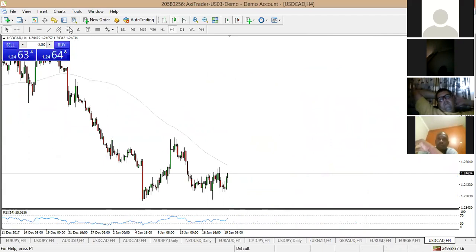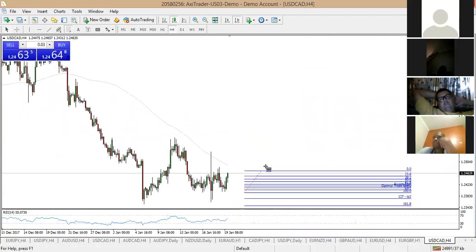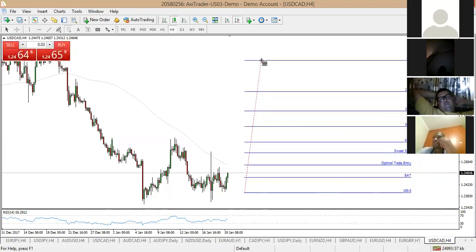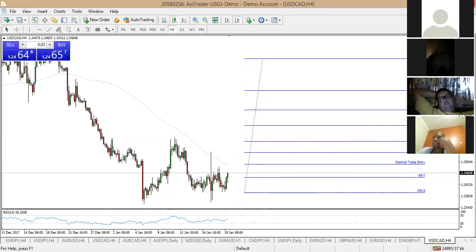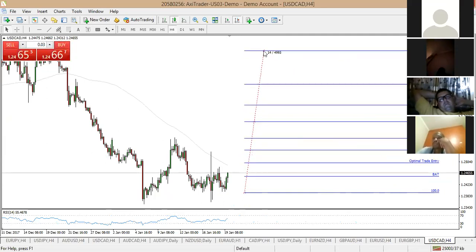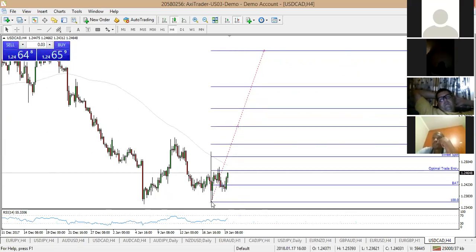Suppose here we have a Fibonacci. I'll just draw this. Okay, how do we determine the direction? Whenever we draw from a swing, maybe I'll just say here we're having this swing.